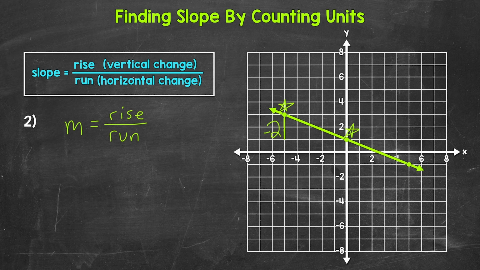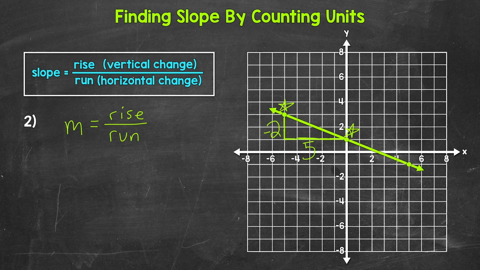That's our vertical change. Now for the run, we go over 1 unit, 2 units, 3 units, 4 units, 5 units in order to get to the other point. So our run, the horizontal change, is 5. And that's a positive 5 since we moved to the right.